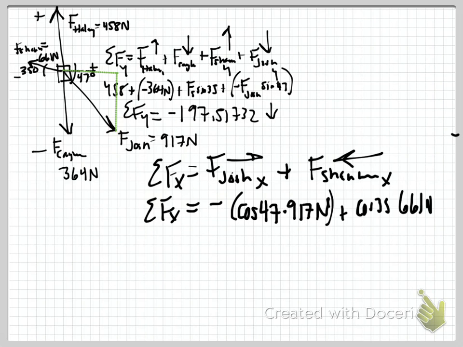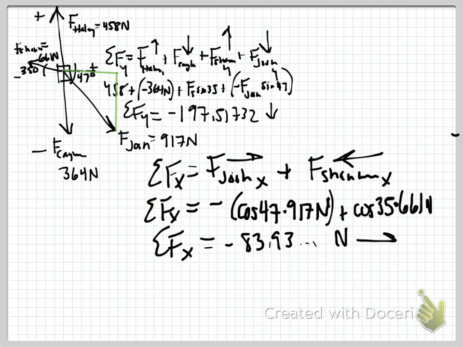Okay, so this is also cosine of the angle. So this is cosine of 35. Okay, so what we get for our sum of forces on the x-axis is negative 83.93, etc. newtons, and it's that direction. That's the important thing.